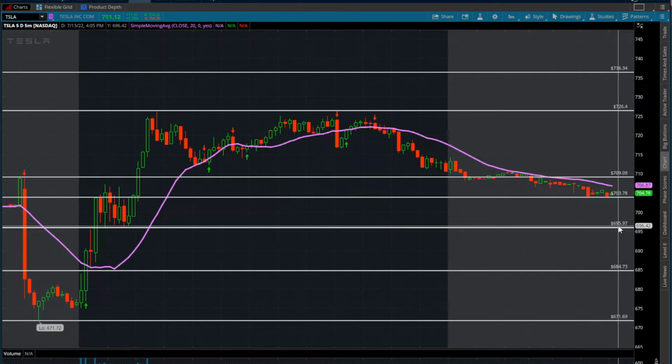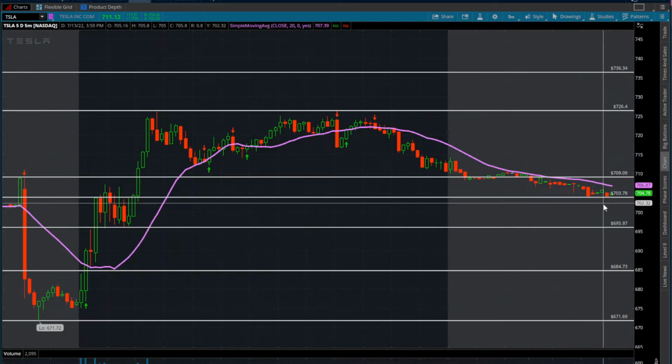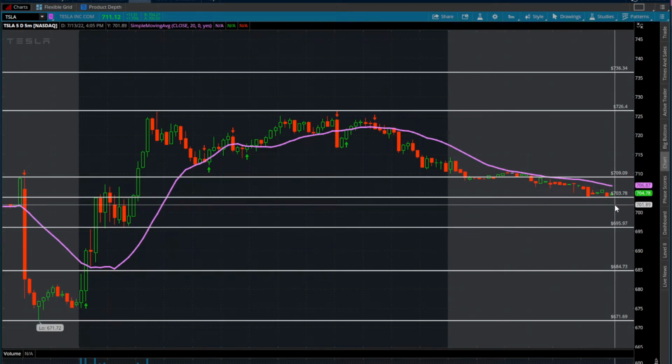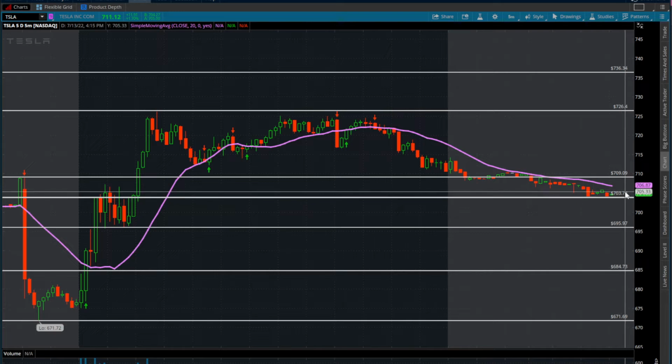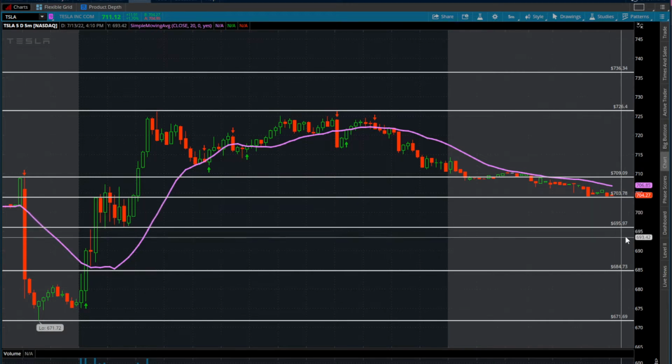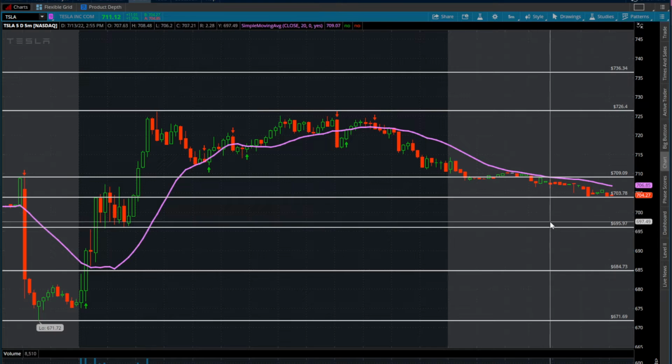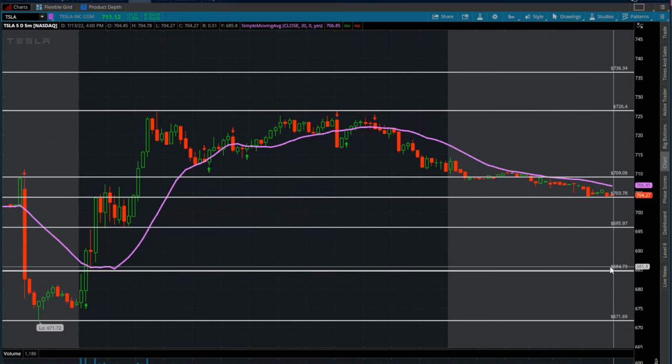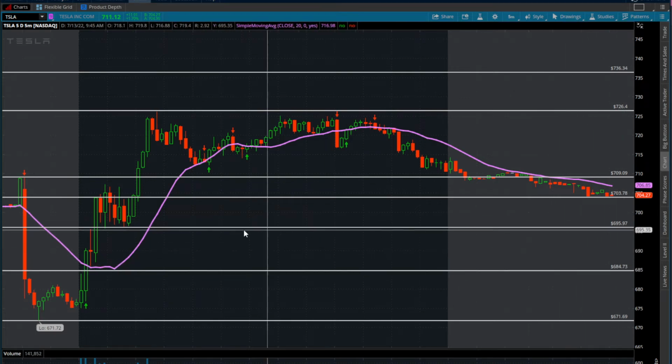Once Tesla starts to lose 703, 702, 700, you see it break through this level of demand. Maybe you get some sort of bounce, but it never really gets back above and starts building over 703. We can expect that price to trickle down into 695. Now, if we start to lose the 695 price target, we could expect to come down to a price of around $684. Why is that?